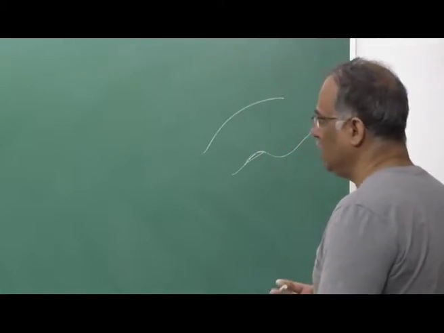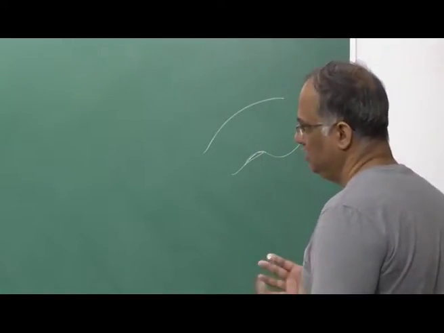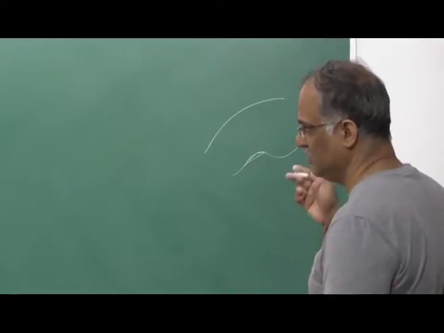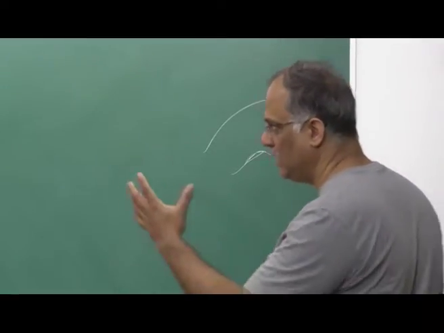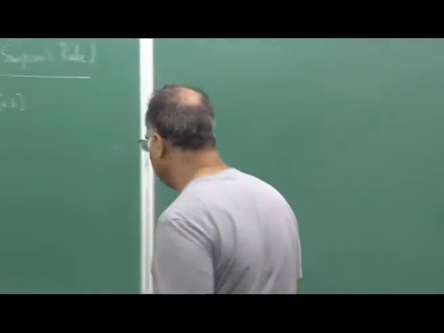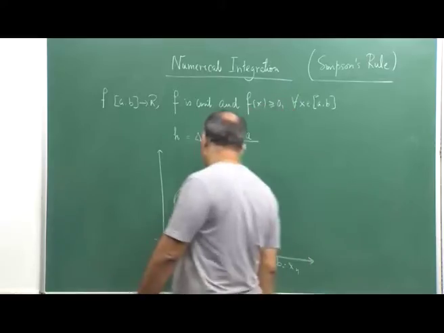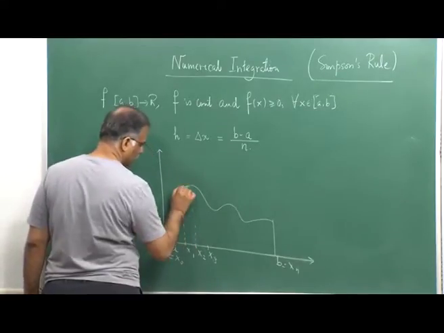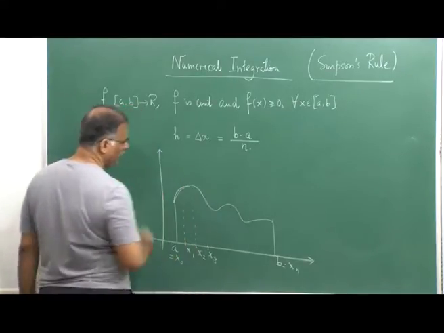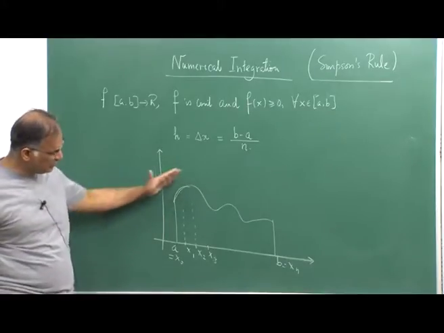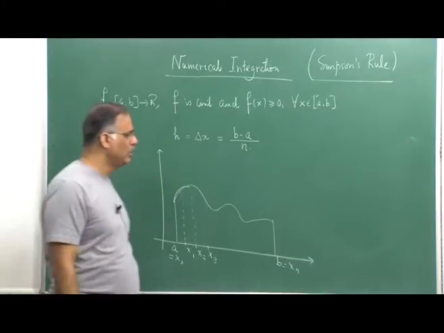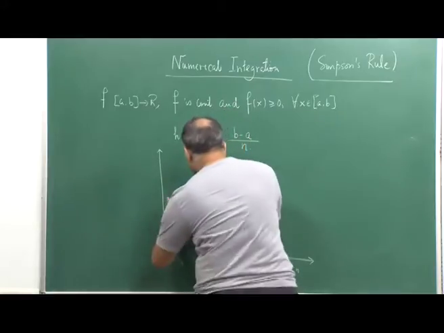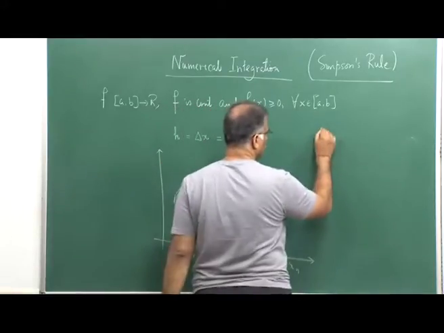This cannot be done if I take some arbitrary curve. That is why we approximate by a parabola. So here is x0 of course. What we have done is make an approximation here. This is our approximating machinery. Let us take this up and look more closely.